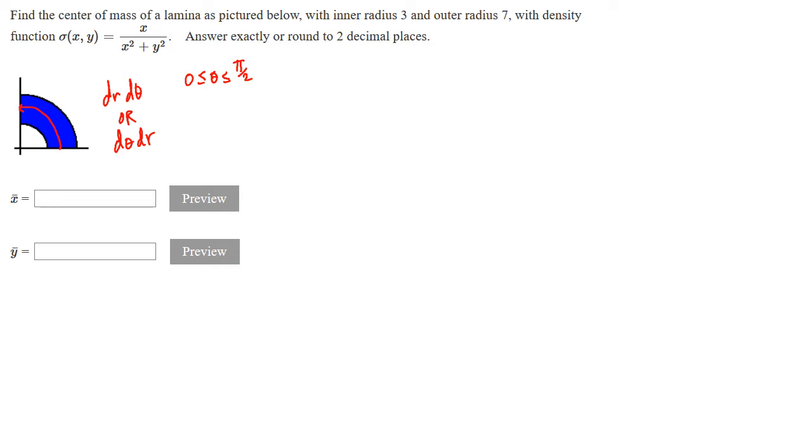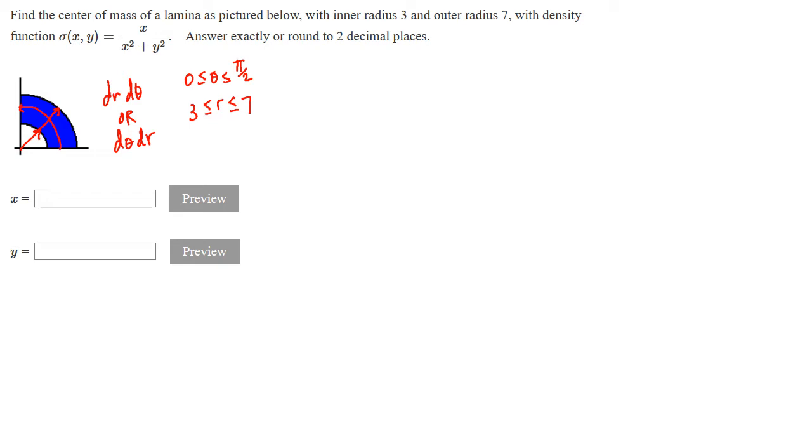And r's are going from the inner circle to the outer circle, which for ours would be 3 to 7. Now, likely as not, in your problem, you're going to have different values here. But I think we all are going to have the thetas going from 0 to pi over 2.